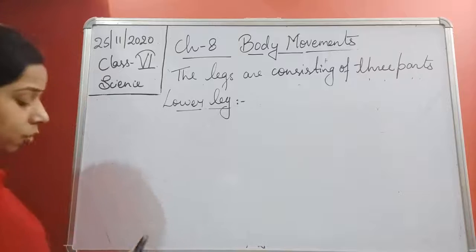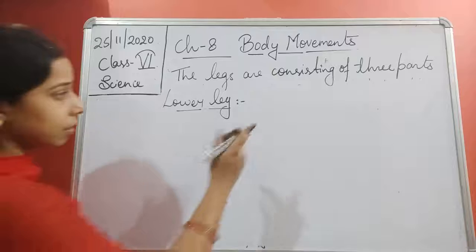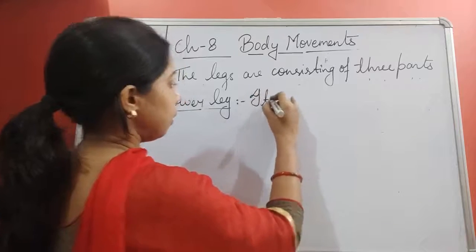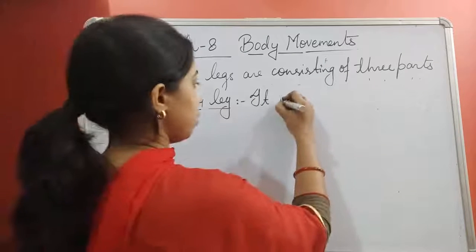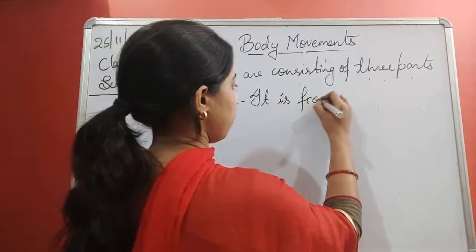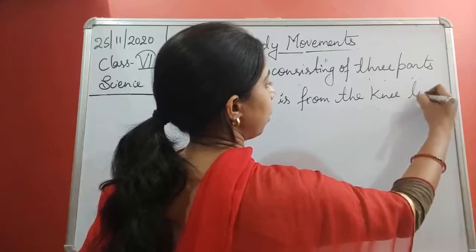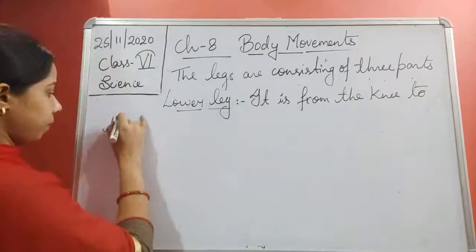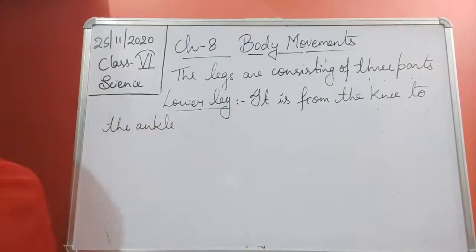Like we have a wrist here, the ankle is also there, so we can write: it is from the knee to the ankle.